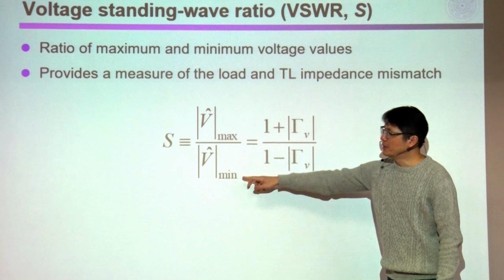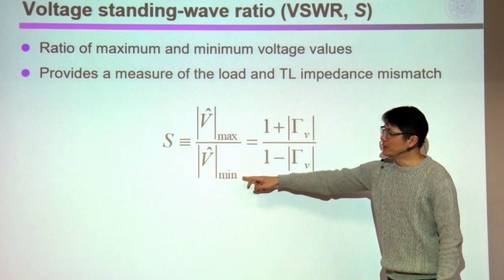Okay? Now, a test to your understanding. If we have a matched line, which means no standing wave, what would the voltage standing wave ratio be? Matched means gamma is 0.